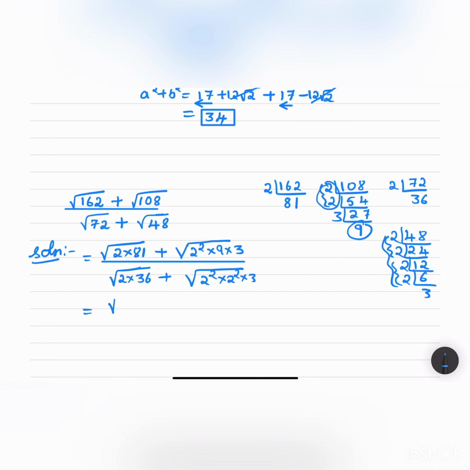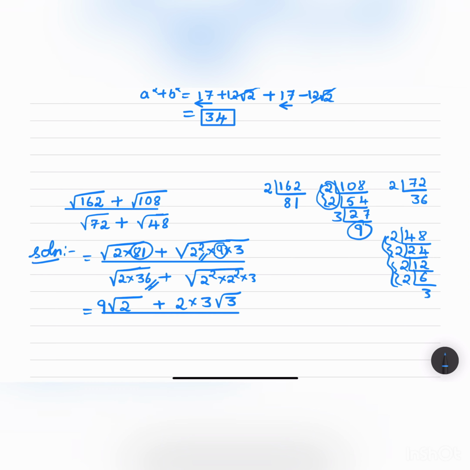Let us take out the square root. For 81, it is 9. 2 plus 2 is there inside the square root, and this 2 square root is 2, and 9 square root is 3, and inside the square root we have 3.